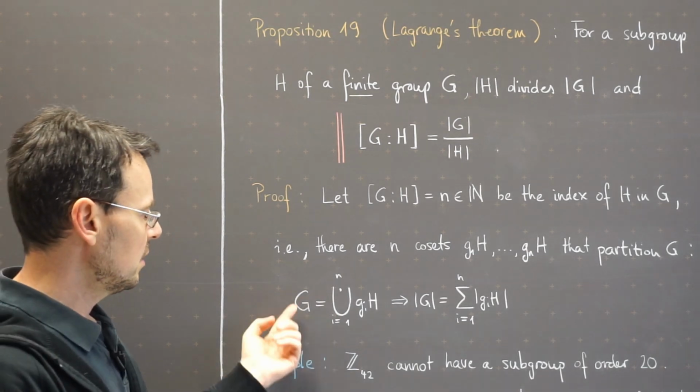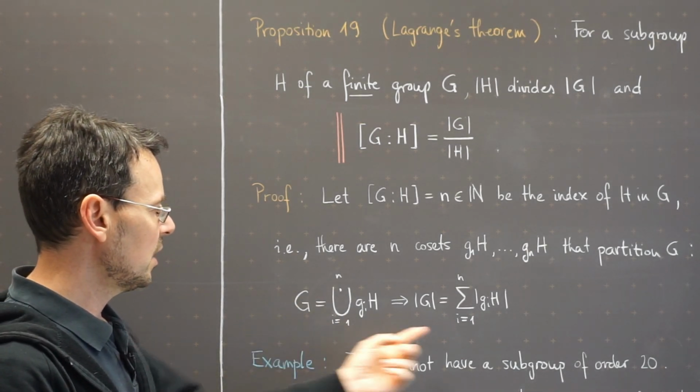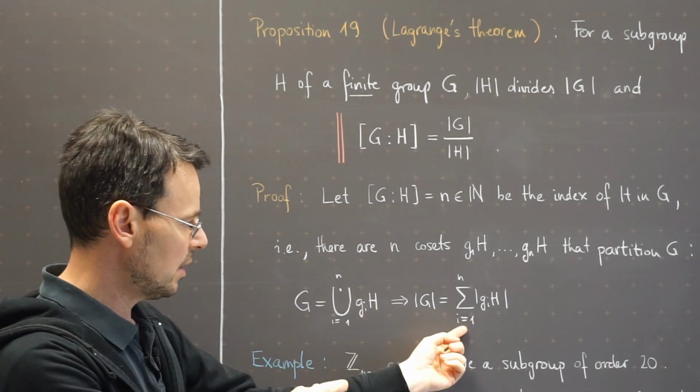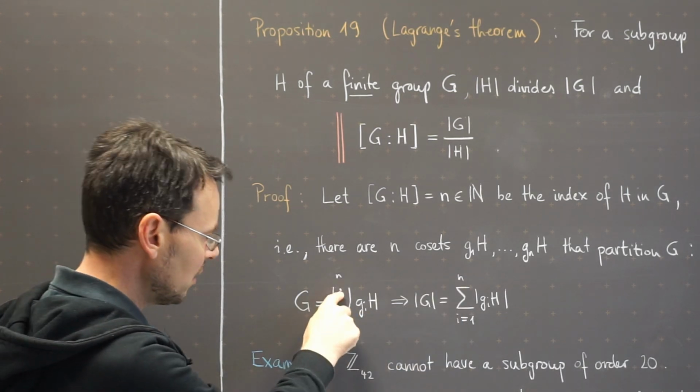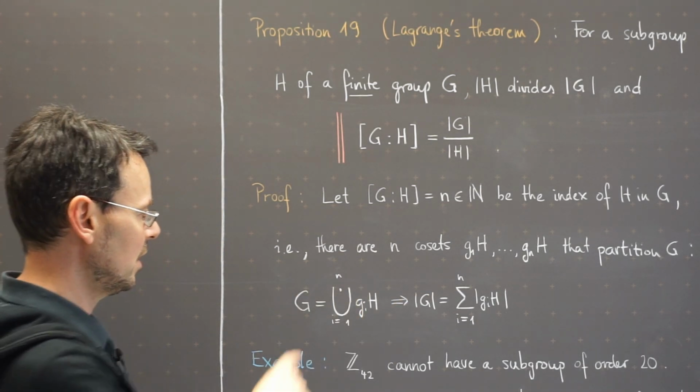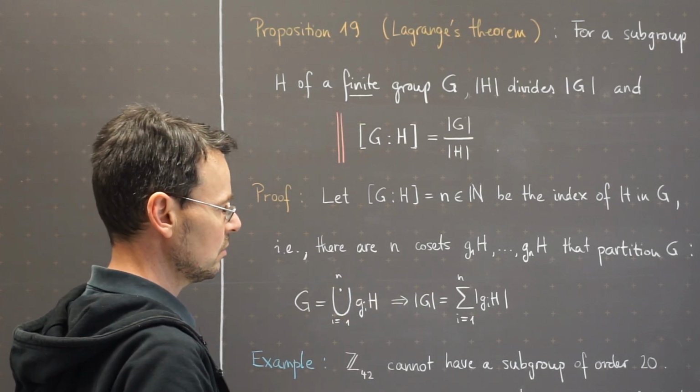So, but that means that the order of G is simply the sum of the orders of all these cosets, where i again runs from 1 to n, because I have a disjoint union. Otherwise, this need not be true, but if I have a disjoint union, this is true.